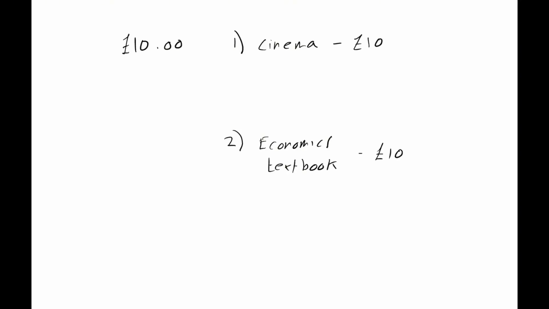The first thing is to go to the cinema with a friend, and the cinema ticket will cost £10. The second thing you would like to do is to buy an economics textbook, and the price of the textbook is also £10.